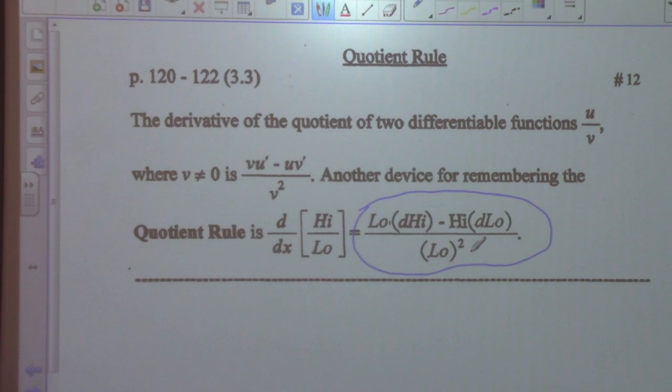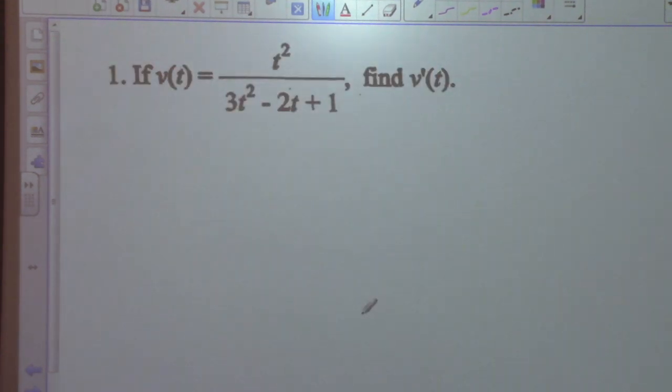Between the product rule and quotient rule together, you have additional weapons in your toolbox for your mathematics, the weapons in your arsenal. Remember, it's low d high minus high d low all over low squared.